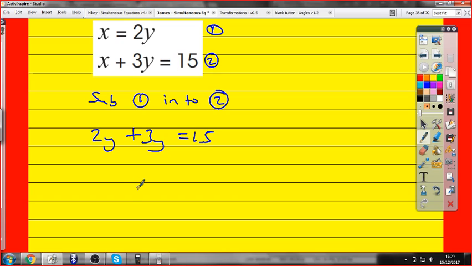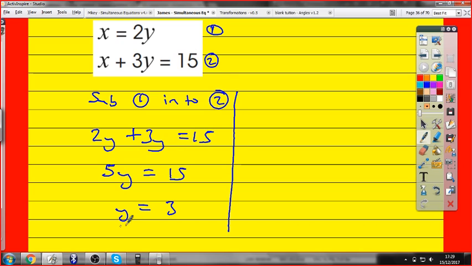So 2y could be, we'll say, 3. So that's 6. Oh, wait. It's just 5y equals 15. And so y will equal 3.